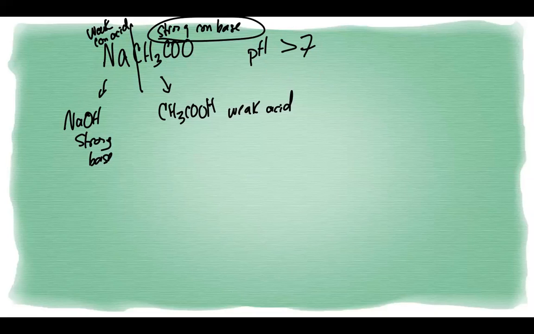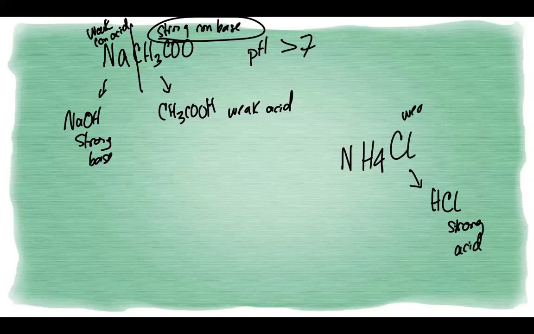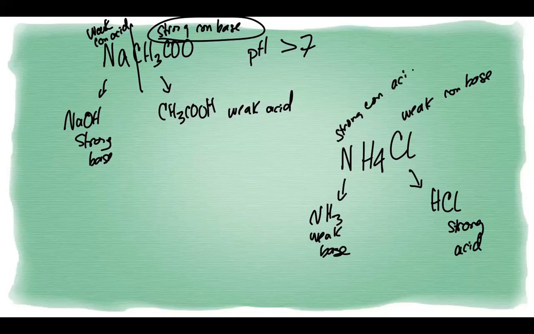The only example I can think of is ammonium. So we'll just go back to NH4Cl. Cl comes from HCl, which is a strong acid, which makes Cl a weak conjugate base. It will not have the strength to take a proton from water. Ammonium comes from ammonia, which is a weak base, which means NH4 is a strong conjugate acid.